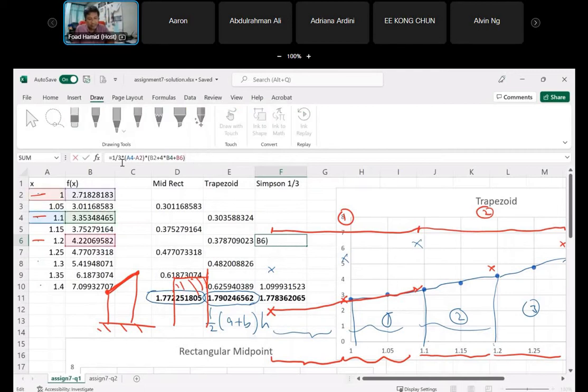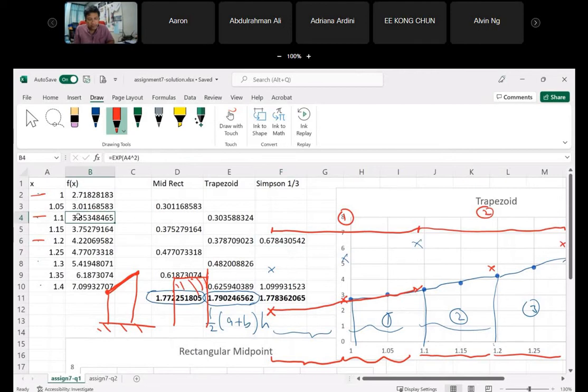So 1/3 times h, which is A4 to A2, which is just 0.1, times B2, this value, plus 4h, 4B4, this one, and plus this.